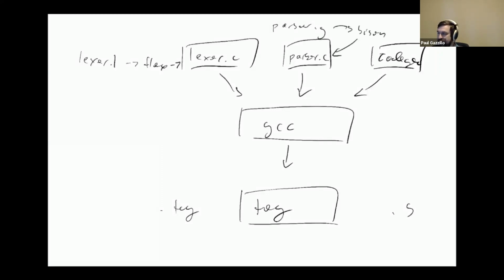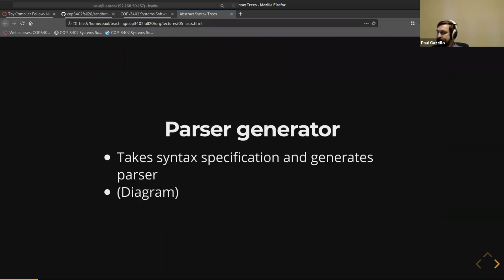Recall that the parser generator takes in some specification of what the parser should do, that is the grammar of the input language, and it generates C code.